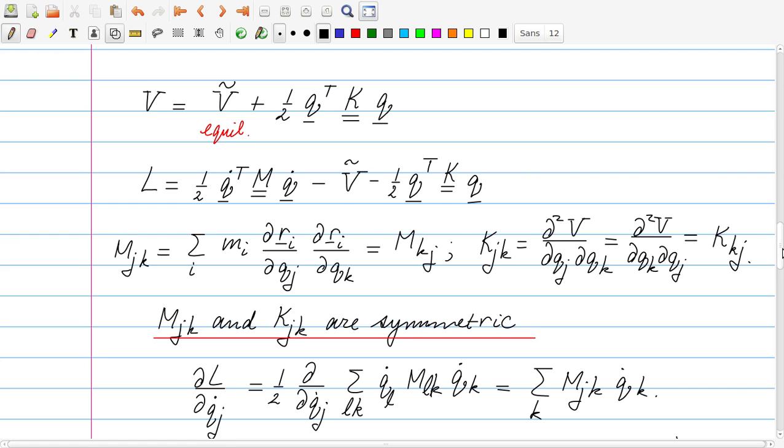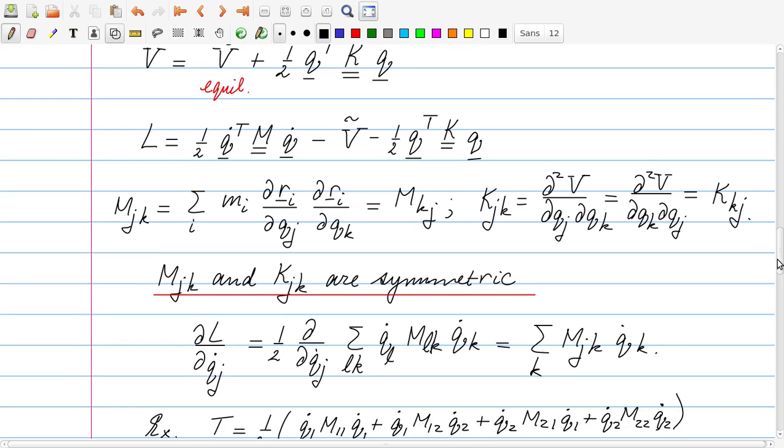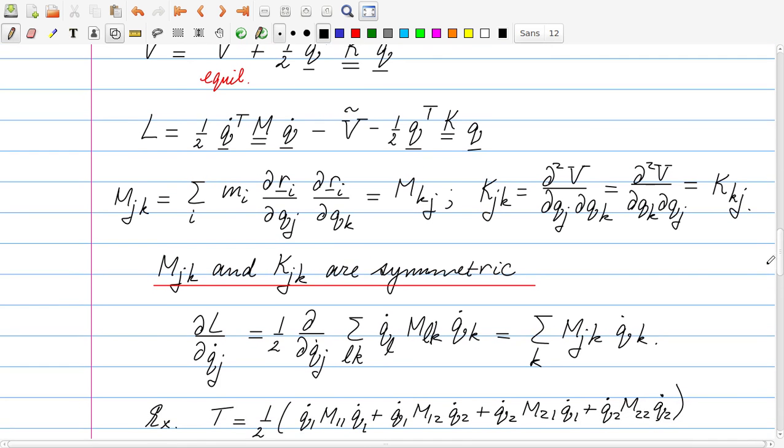We have two contributions, and to be more specific, I work out an example here where we have only 2 degrees of freedom, so then I can write out this expression. It's q̇_1 m_11 q̇_1, and then we have here q̇_1 q̇_2, q̇_2 q̇_1, q̇_2 q̇_2 with the appropriate matrix elements.